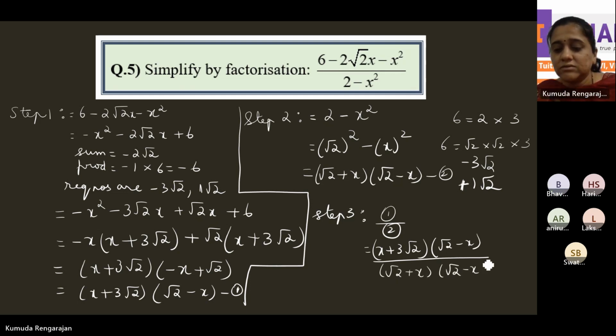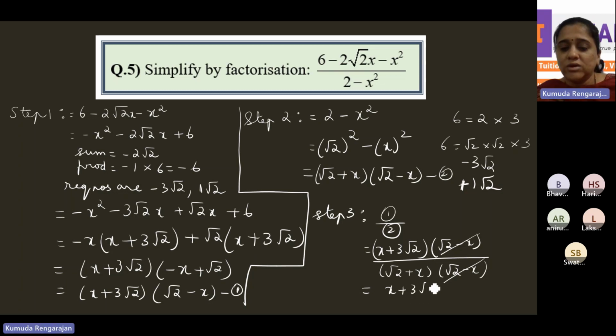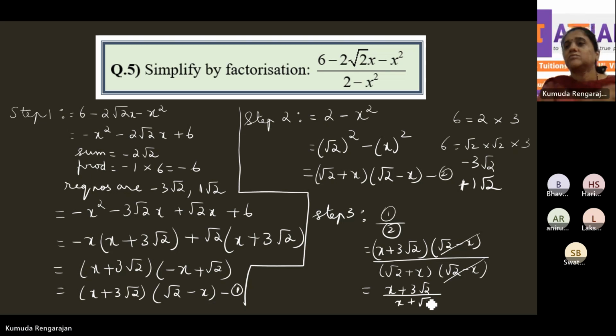Very good. So this gets cancelled, right? So this is the answer: x plus 3 root 2 divided by x plus root 2. You can leave it there. That's all.